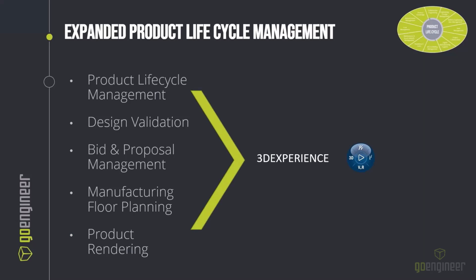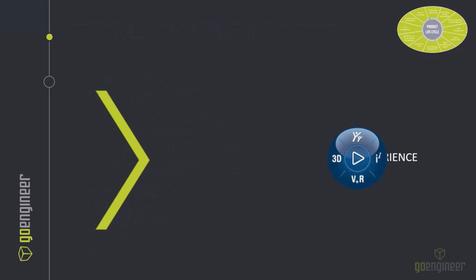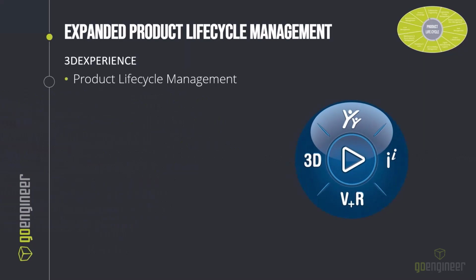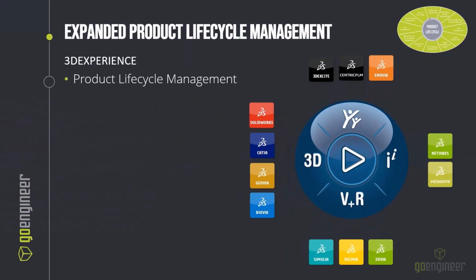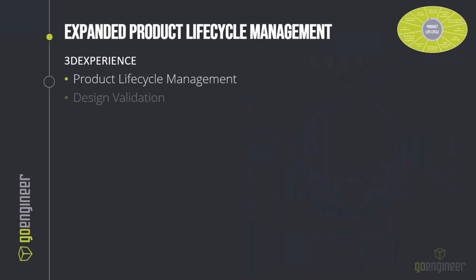And in the Dassault family of solutions, this is the 3D Experience. The 3D Experience provides a robust PLM system that can leverage data across the organization by leveraging all of the Dassault family of tools across one universal platform.